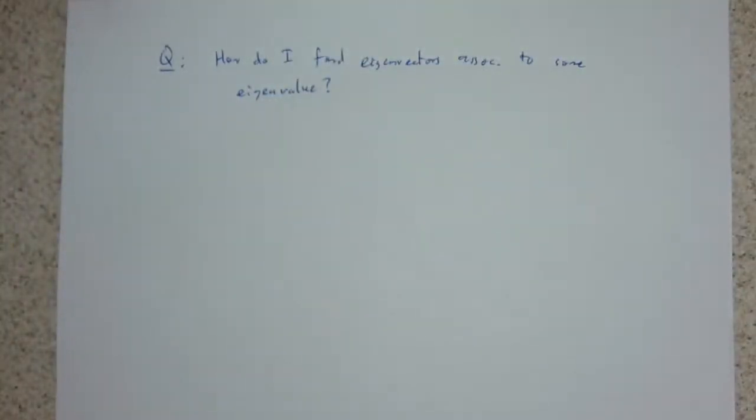Okay, so eigenvalues are roots of polynomials. So once I understand writing down the characteristic polynomial, finding its roots, that's it. Finding those is easy. But how do I find eigenvectors corresponding to those?